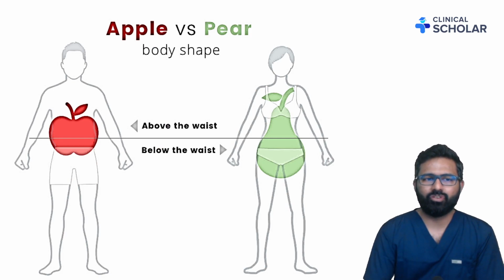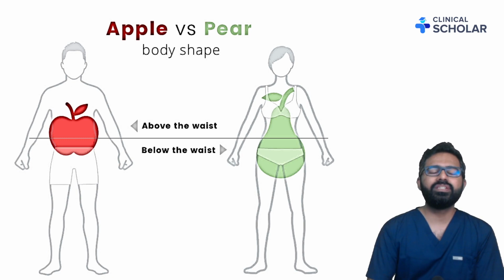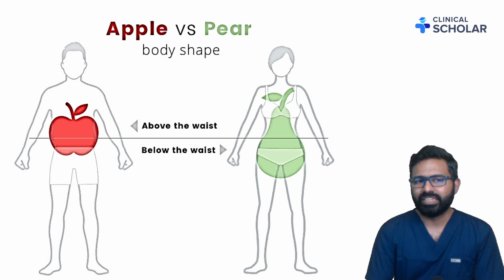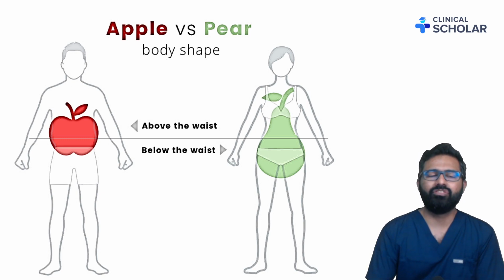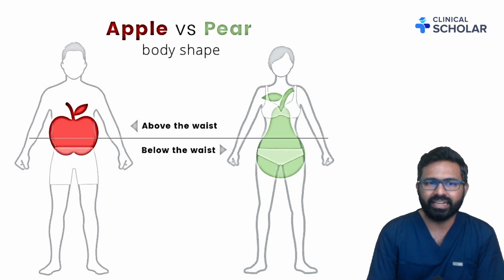There are two types of obesity. If the obesity is above the waist, it is called apple type of obesity. Here the waist will be more, hip will be less, and waist-hip ratio will be more. Here the patient is said to have central obesity, and this central obesity means there will be correspondingly a high proportion of fat inside the abdomen; visceral fat will also be proportionately high if waist-hip ratio is high.